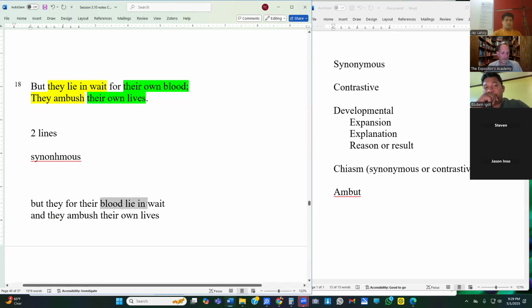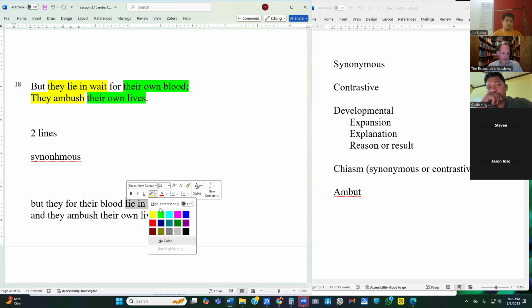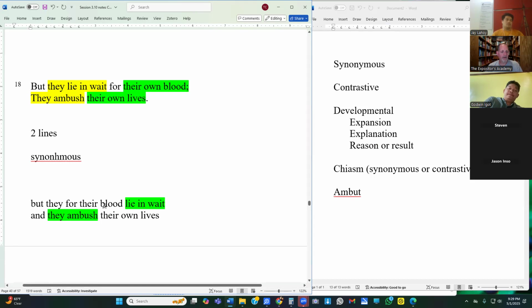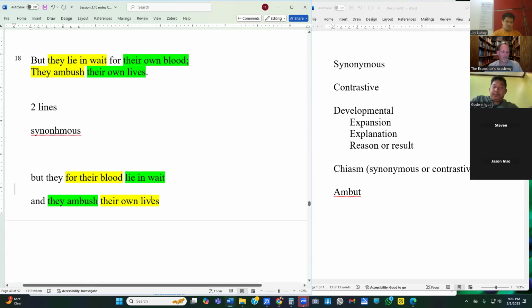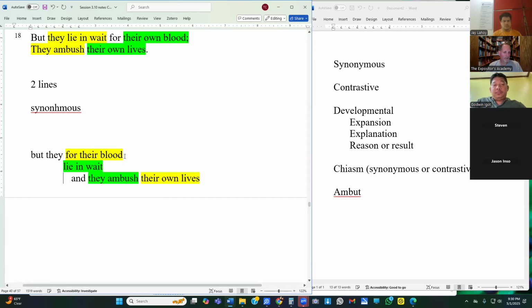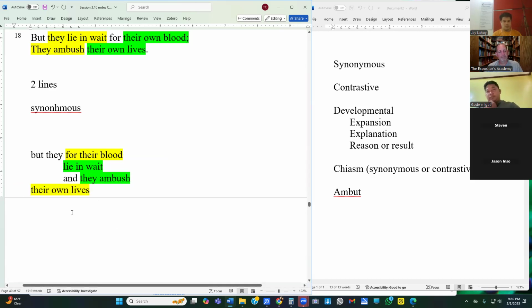So we have lie in wait, which is synonymous with they ambush, and then we have their blood, their own lives. Okay, so again, I think we see the possibility here. They for their blood lie in wait, and they ambush their own lives. So this is, I think, the third or fourth possible chiasm in this section. Kind of interesting.